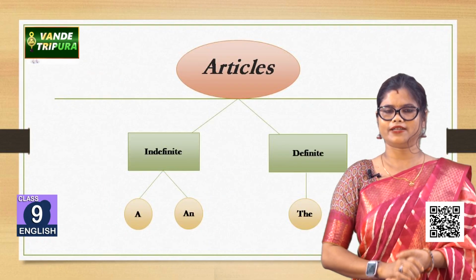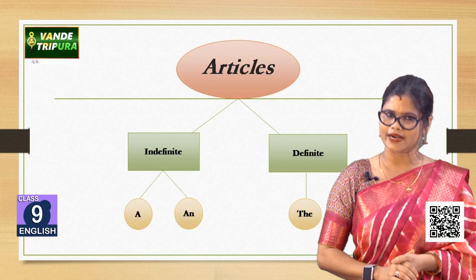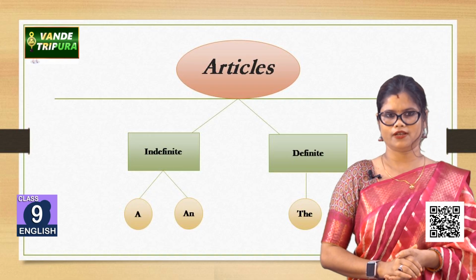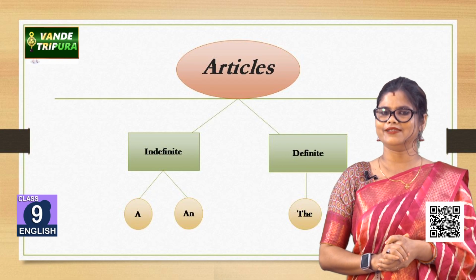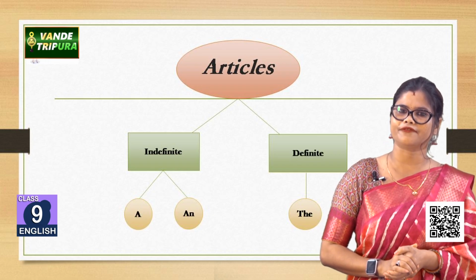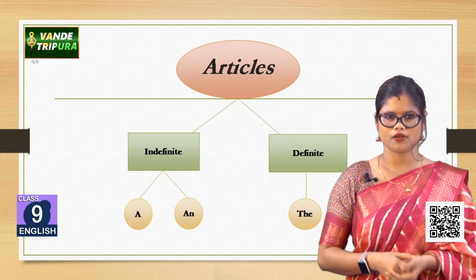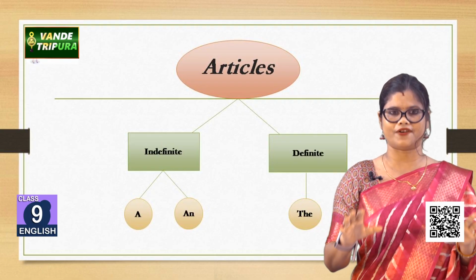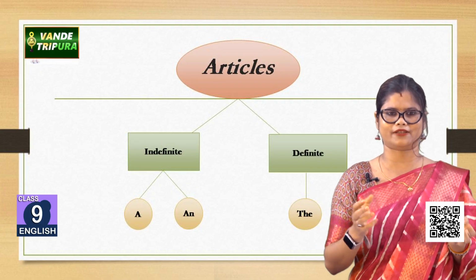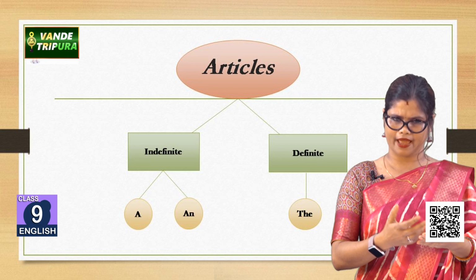Now আমরা যদি একটু articles-টা বলি, again the articles are divided into two categories, indefinite and definite. So indefinite articles are a and an, definite article is the. So where to use indefinite articles and where to use the definite articles? We often get confused. তো indefinite articles means when we mention something in general, ঠিক আছে, অনেকগুলি আছে তার মধ্যে একটা আমি মেনশন করতে চাইছি, that time we use the indefinite article like a and an.